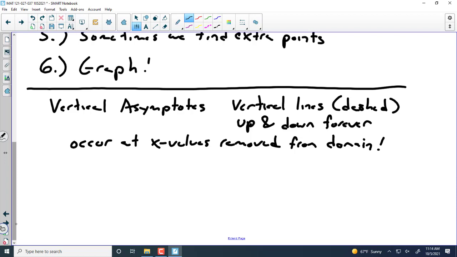That's what your vertical asymptotes are, everyone. They are vertical lines that are dashed, and because they're vertical lines, they will be x equals. And they occur at the exact same x values you remove from the domain, the exact same x values.